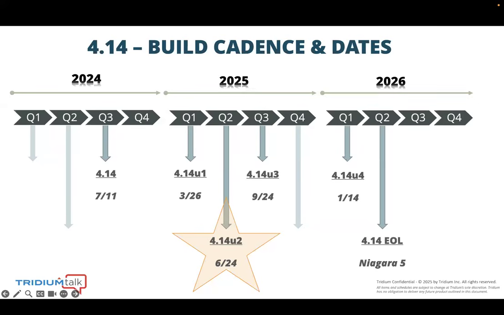Once Niagara 5 is released, 4.14 will officially reach end of life, meaning no more updates or patches. So, if you're looking for continued support beyond that point, that's where Niagara 4.15 comes in.